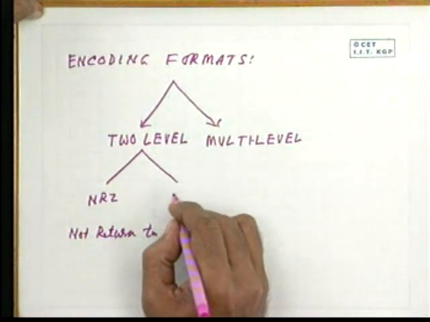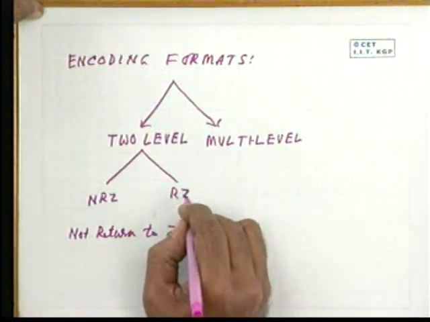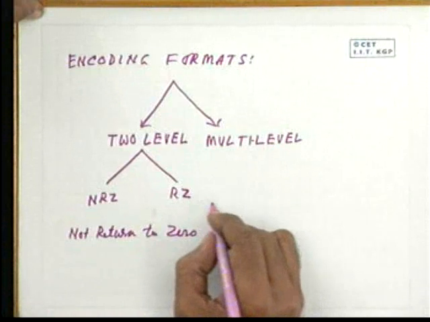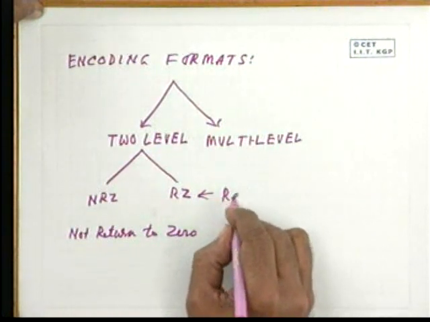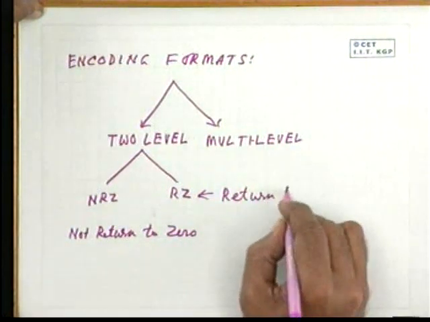Another possibility is RZ, return to zero. That means for each case during a bit position, the signal will return to zero during a bit duration, RZ.